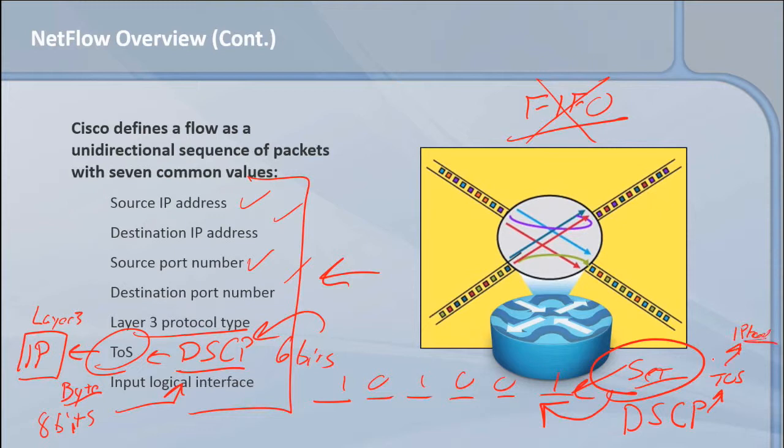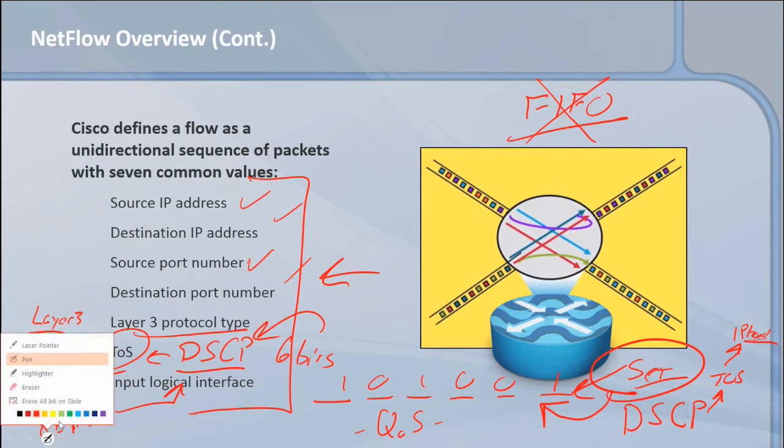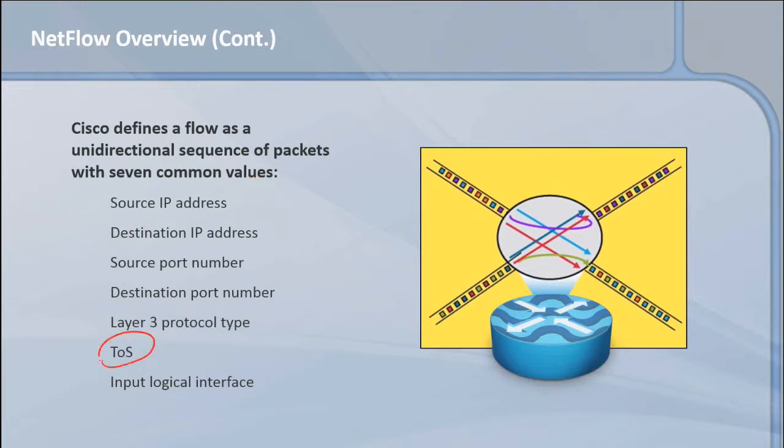By setting these, switches, routers, and firewalls can see packets and realize that not all packets are created equal. Some are more important, and based on these markings, we can send those packets. That's the elevator pitch of what quality of service is, which doesn't really tie to NetFlow directly. We're just clarifying here that NetFlow can consider your type of service bits.